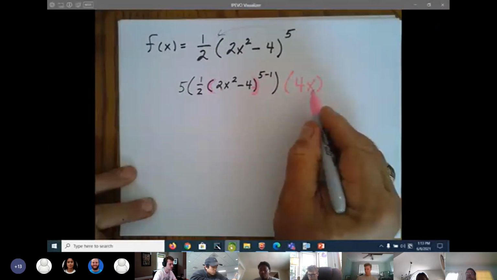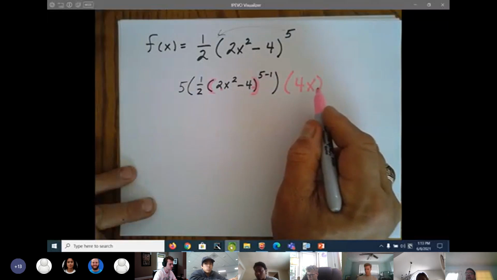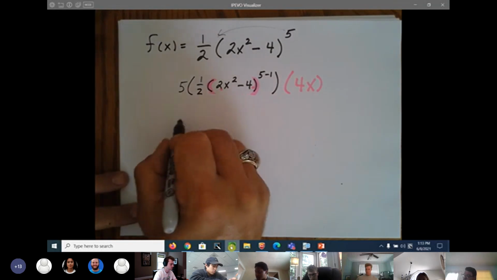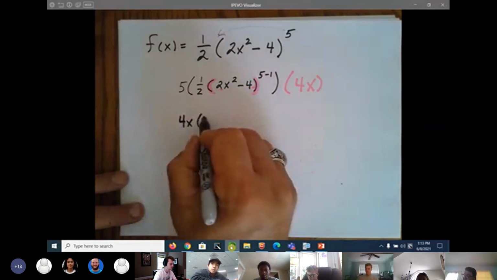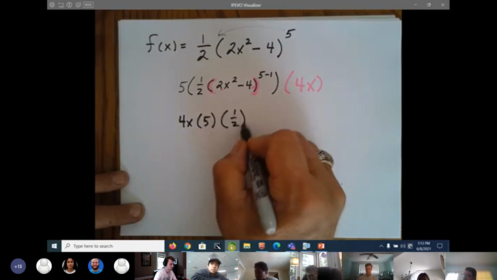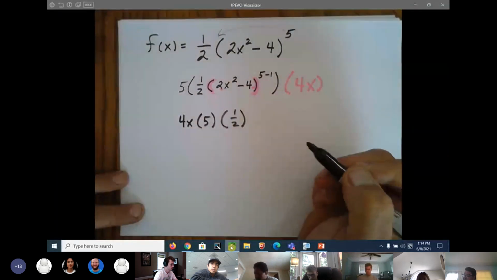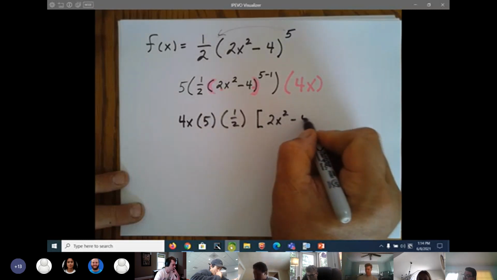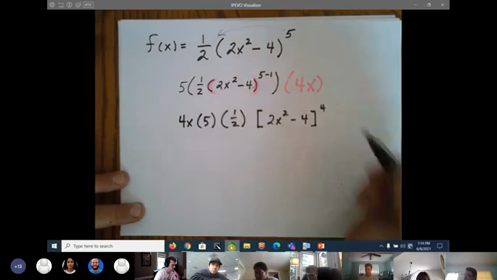And that's the extra part for the chain rule. So now we just multiply it all together: 4x times 5 times 1/2 times (2x squared minus 4) to the 4th power.